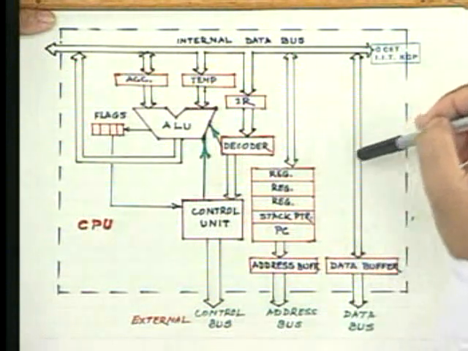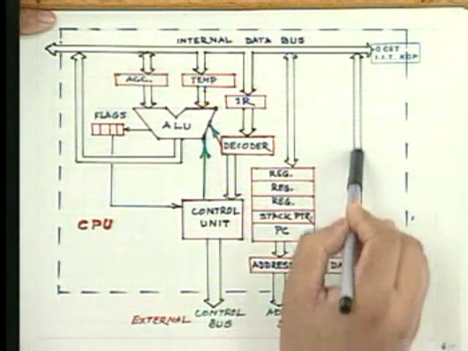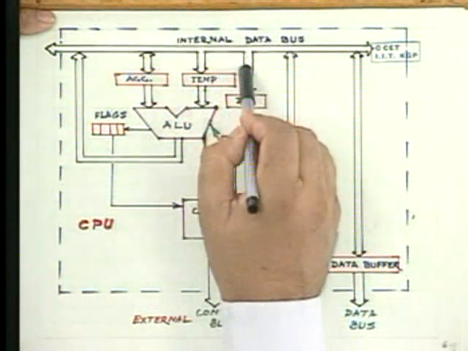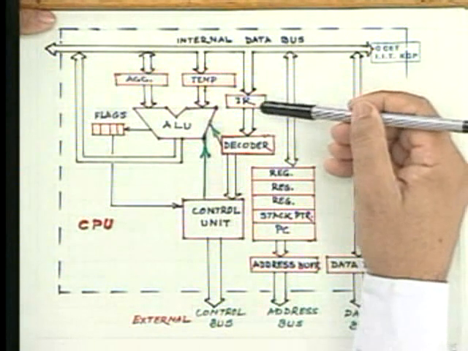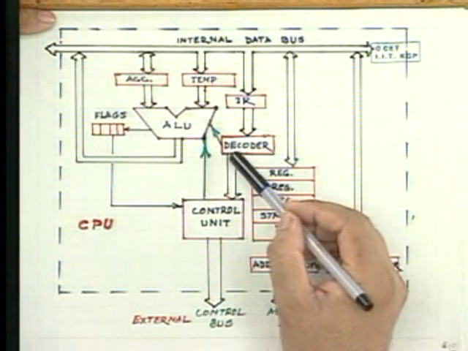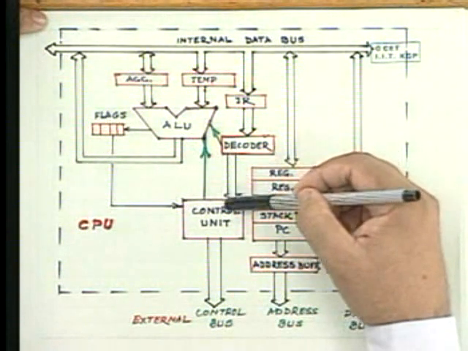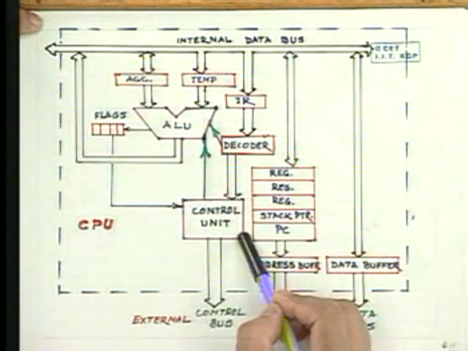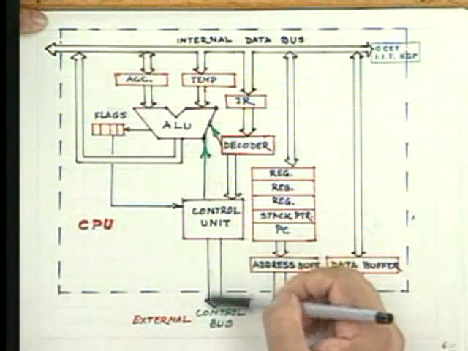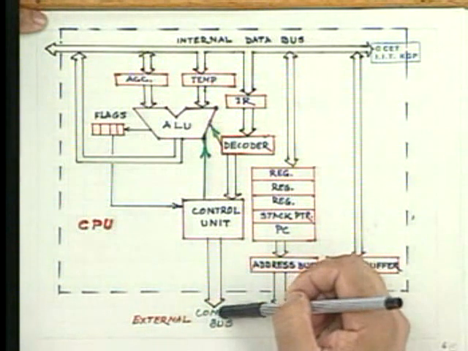For example, if it is an instruction, then after being fetched it will come through the data bus into that internal bus and into the instruction register here. At this point, it will be decoded, right? On decoding, it will know which instruction it is. That will now excite the control unit to generate the signals to the outside world, to the memory, as well as to other devices connected to the machine.